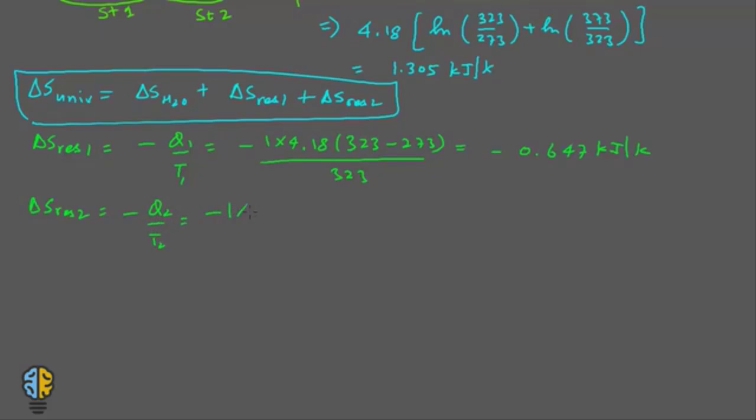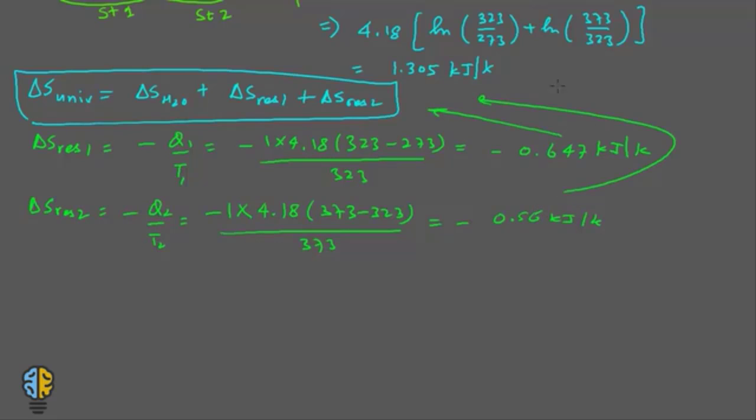And similarly delta S reservoir 2 would be minus Q2 by T2, and this will be minus 1 into 4.18 into 373 minus 323 by 373, and this would be equal to minus 0.56. Okay, so now you can put these values in the equation.